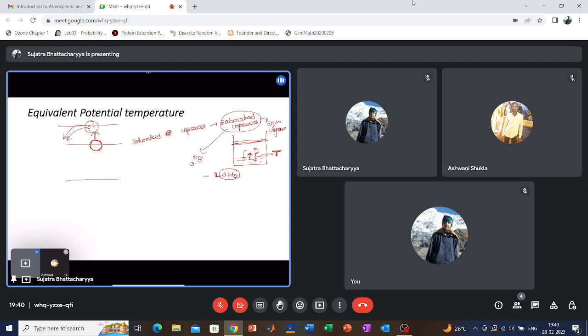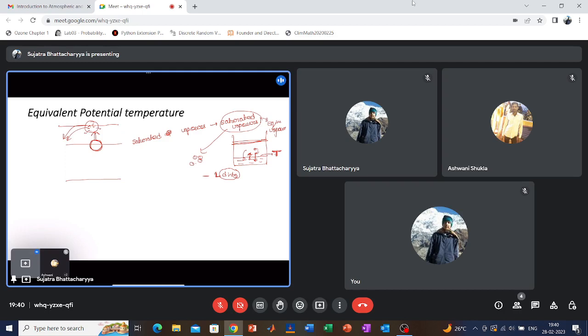Remember, earlier in the case of the parcel theory we said it's an adiabatic process, but now it is not adiabatic. Why? Because condensation droplets are falling out. So it is pseudo adiabatic. It's not fully adiabatic because a very little amount of heat goes with the condensation droplets when they fall out.